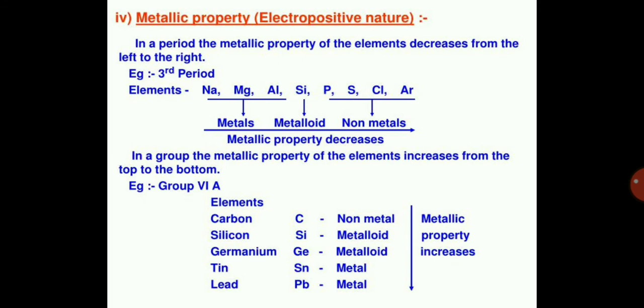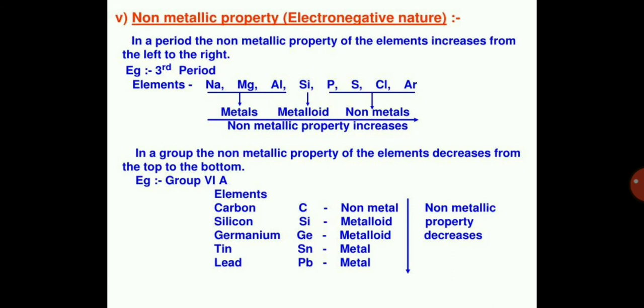The first three are metals, then one is a metalloid, and next are non-metals, so the metallic property decreases as we go from left to right. In a group, the metallic property of the elements increases. First there are non-metals, then metalloids, then come the metals, so the metallic property increases element by element as we go to the bottom.